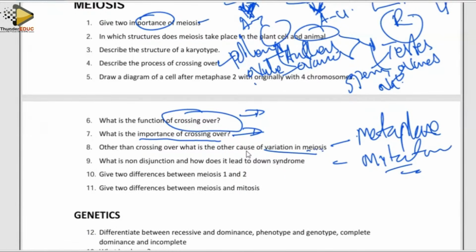Those are the 2 points, because they said meiosis. If it is outside meiosis, then you can talk about random fertilization, random mating.